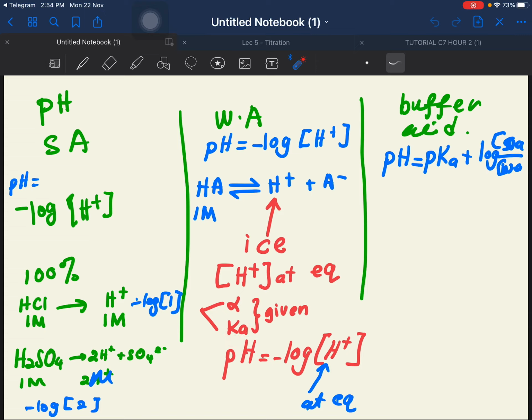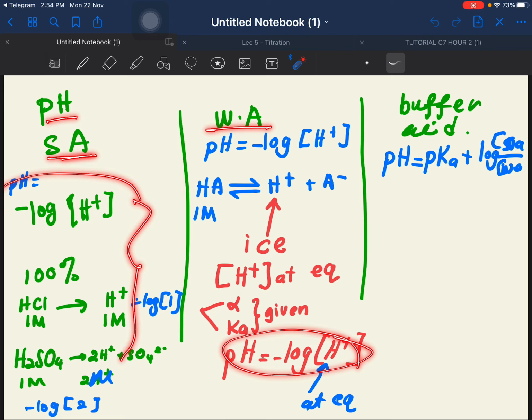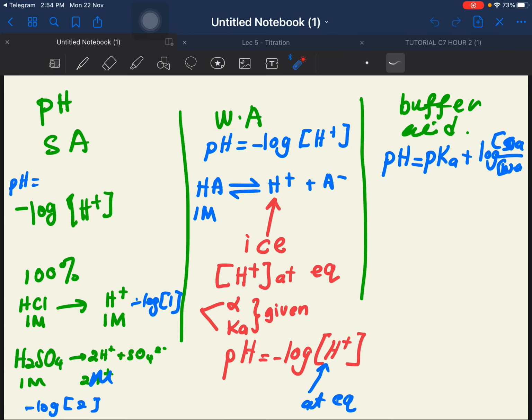Once we get the concentration of H+ at equilibrium, after we construct the ICE table, we can substitute the concentration of H+ into the formula. Okay, so that is the difference between the calculation of pH of strong acid and weak acid using the same formula, but the way to get the concentration of H+ is different.